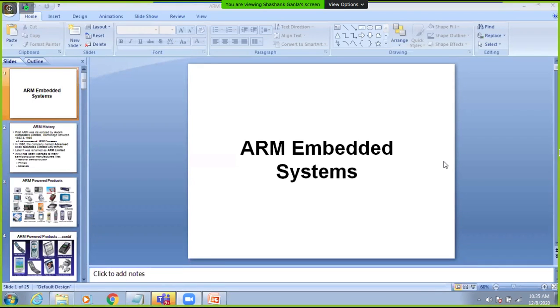And apart from the ARM architectures, you will also have some embedded systems which are designed using 8051 architecture, using PIC architecture, using Renesas architecture, using Motorola architecture, and using AVR architecture.